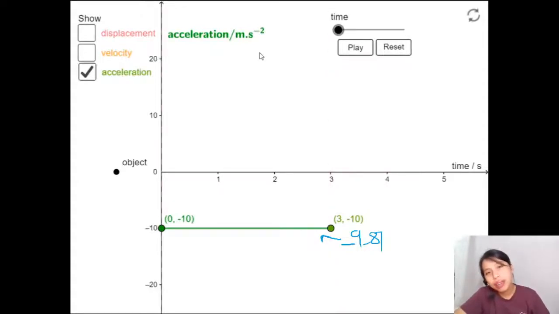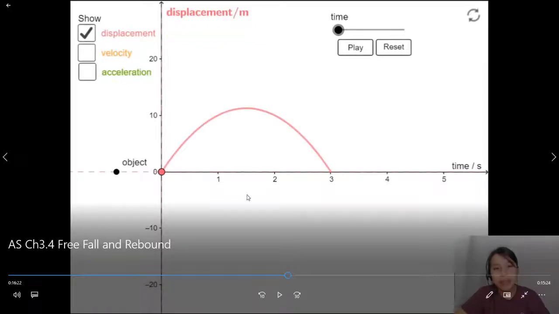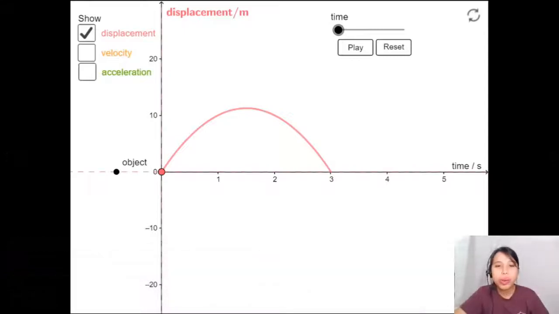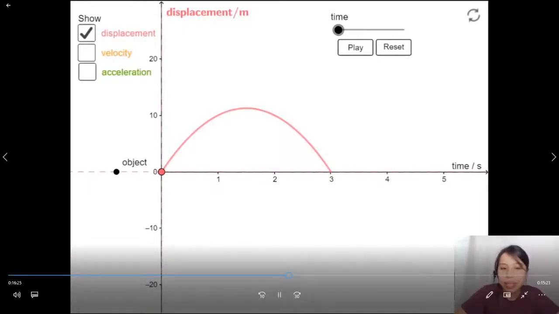What about the displacement graph? Here we go. Displacement graph is a little bit curvy. We'll see why in a bit.